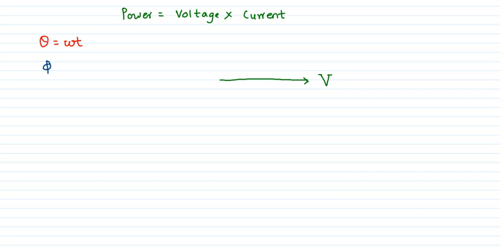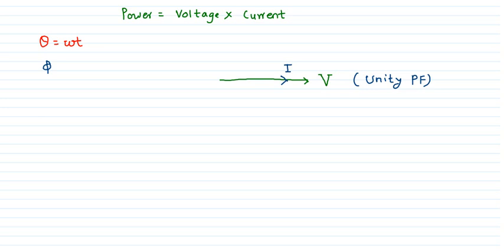Now one thing which can happen is that there is no lag between voltage and current, and the situation will be like this. For this particular case, we call this a unity power factor.